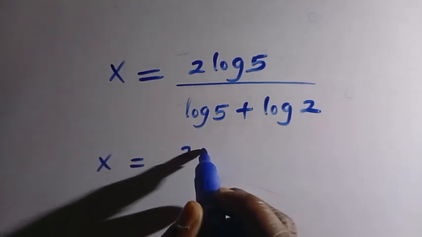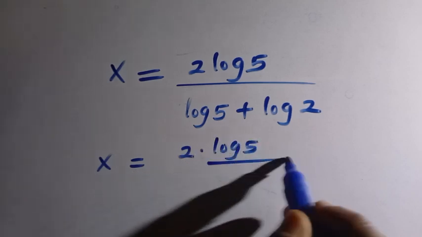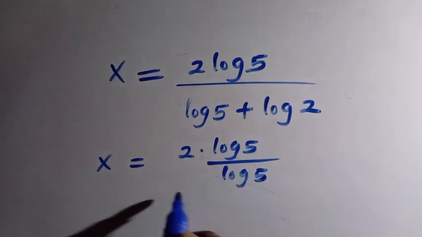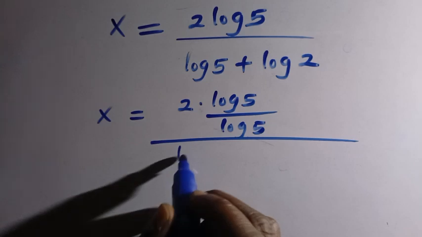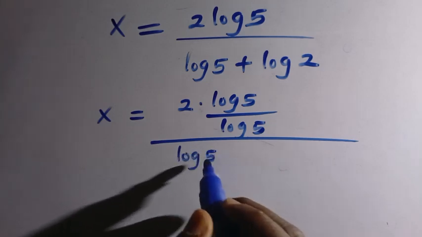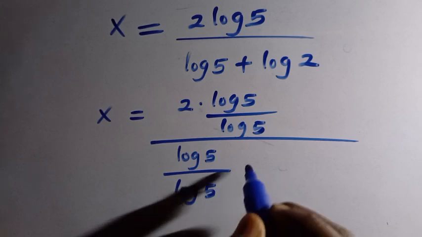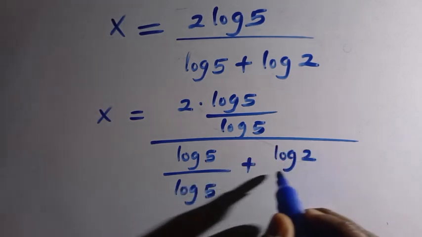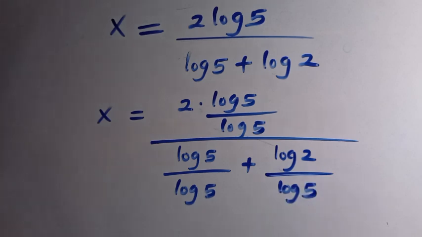We write this as 2 multiplied by log 5 divided by log 5, then everything divided by log 5 divided by log 5 plus log 2 divided by log 5.